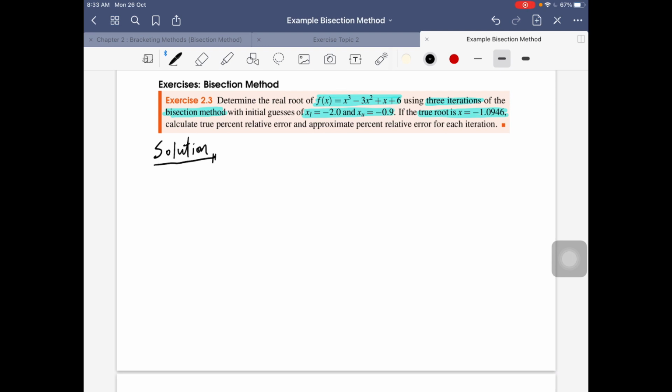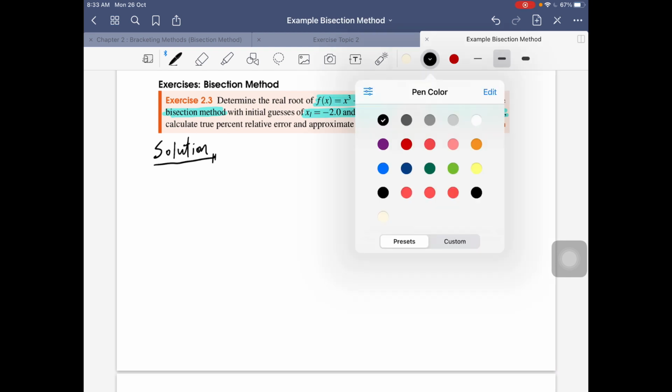Solution. Let's start with our first iteration.